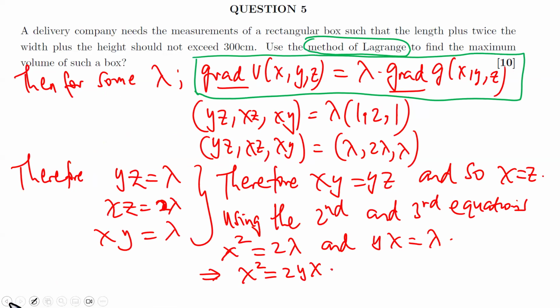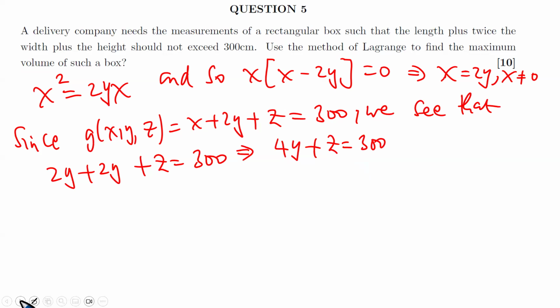But what else do we have? We also had that x equals z. However, you're able to see that that is not perhaps very useful. So we need most certainly another constraint to put to use.